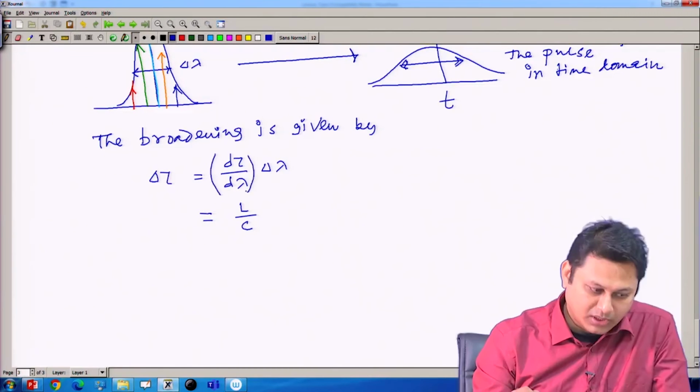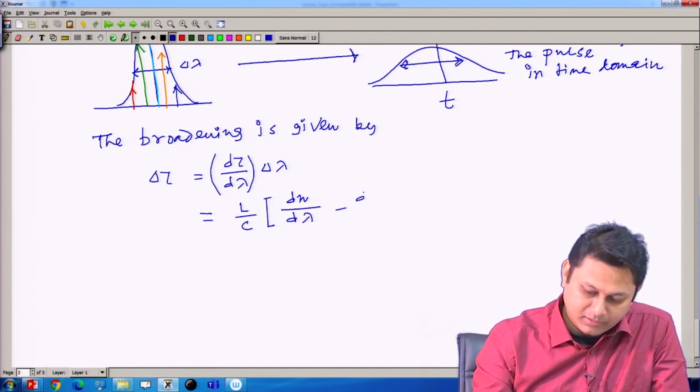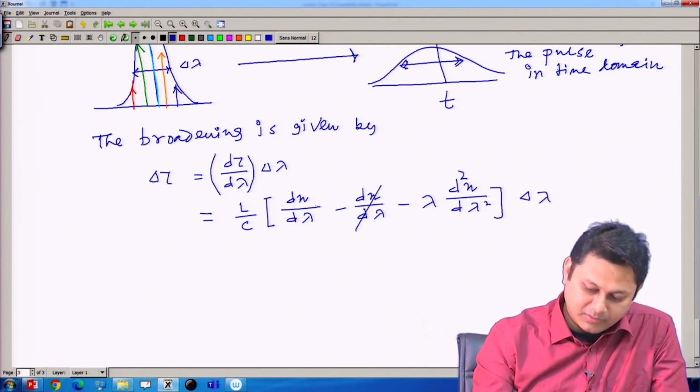If I do, I will simply have L by c, there is an n first, so dn d lambda, minus dn d lambda, minus lambda, the second term d2n d lambda square, multiplied by delta lambda. This term is going to cancel out.